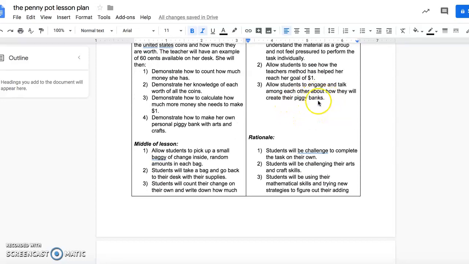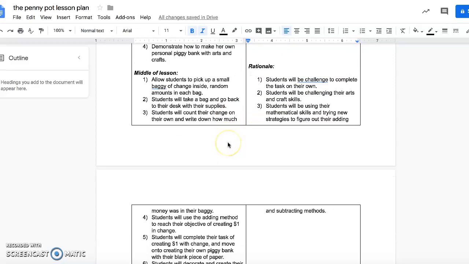I also want to allow students to engage and talk among each other. I am a strong believer in forming small groups and having them do an activity like this together, because it can take off pressure and make the lesson easier without feeling pressured that they're not understanding it.